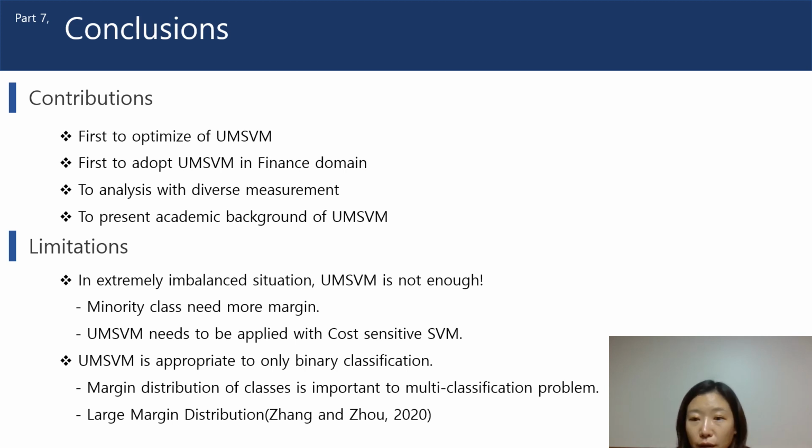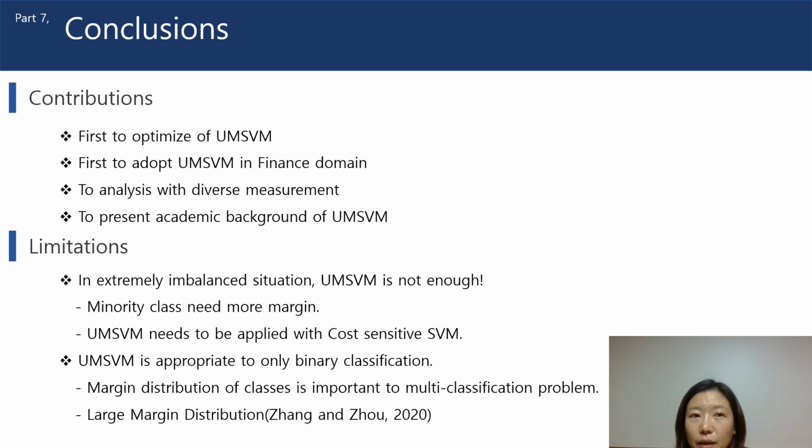As a limitation, first, in extremely imbalanced data, UMSVM is not enough. The minority class needs more margin. I think UMSVM needs to be applied with cost-sensitive SVM because cost-sensitive SVM can enlarge the total margin.